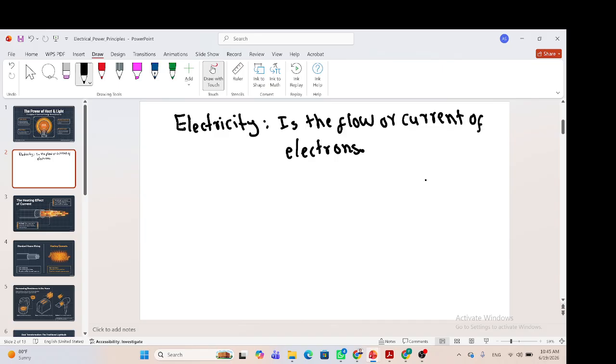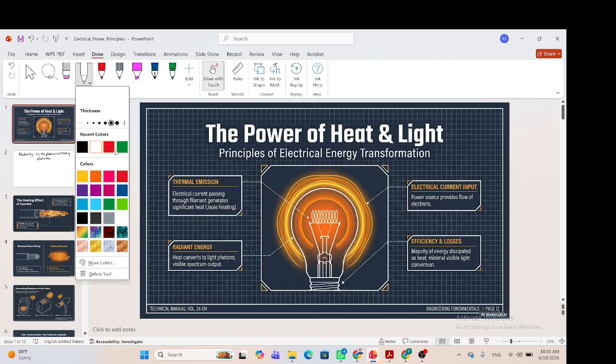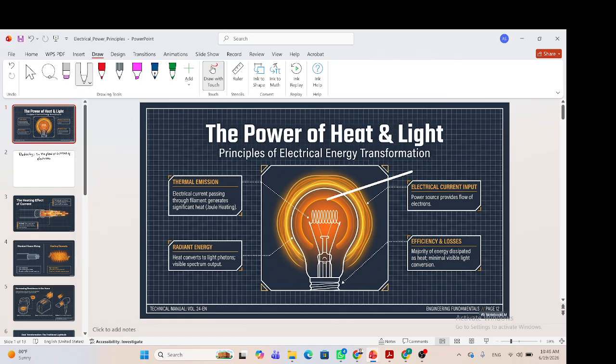So here is my question. As you define that electricity is the current or the flow of electrons, how do electrons produce light? See, here we have a lamp. But how? Only in this specific location, it produces light.